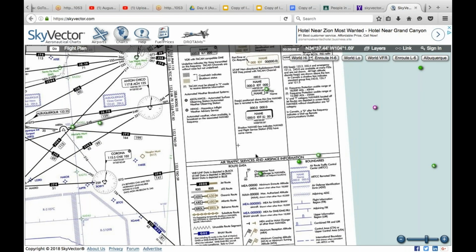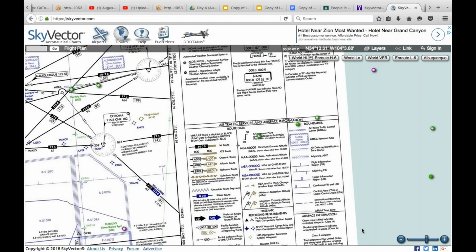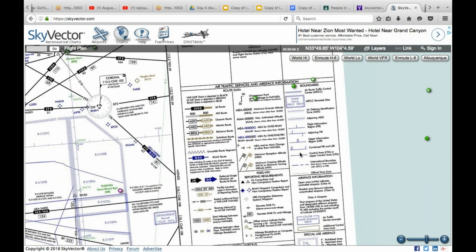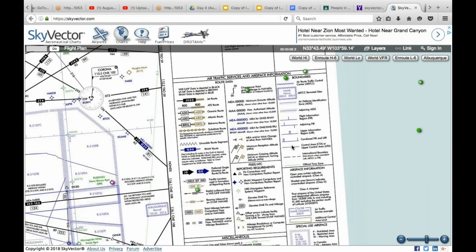Sometimes I still refer back to these because there's no way to completely memorize all the different symbols or what they mean or how they're applied to your practical flight planning, but it just takes a lot of looking at these maps to get the hang of what information do I need from them, what am I looking for.